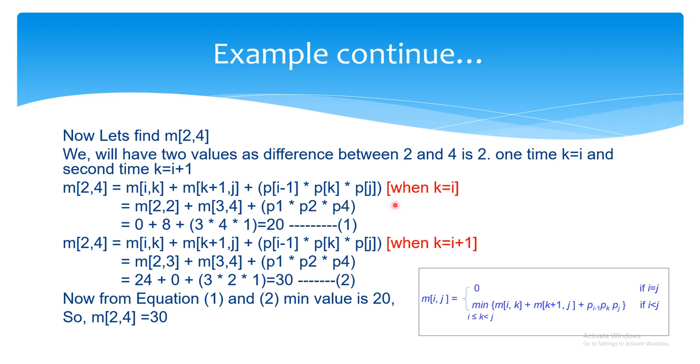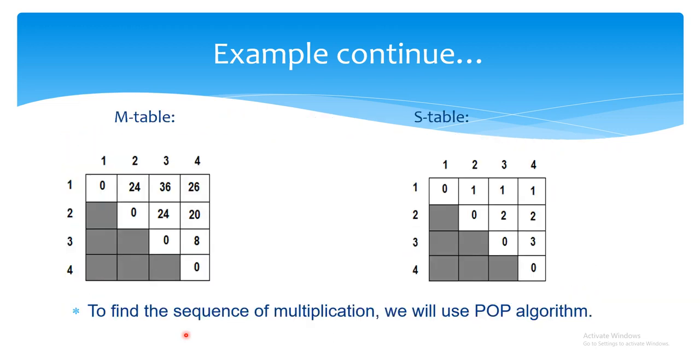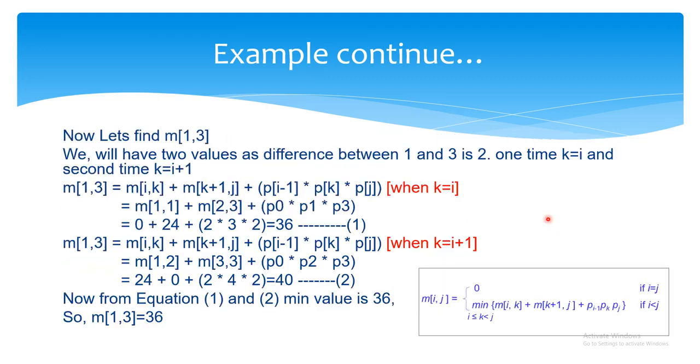The first equation has the lesser value because 20 is less than 30, so we have to consider that. I made a mistake here, you have to consider 20 here and not 30. So M24 equals 20, and at that point the value of k is equal to 2, so S24 is 2.